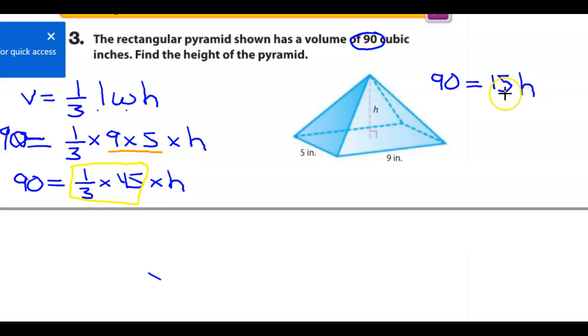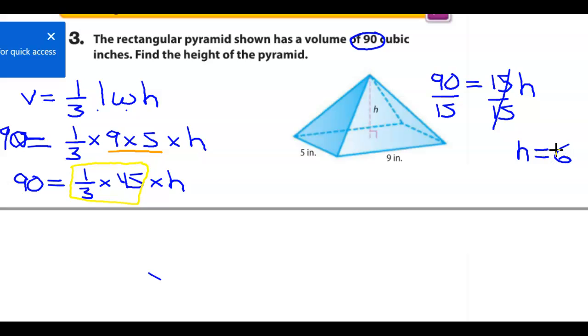Now we just need to divide both sides by 15. Then the 15's reduce; 15 over 15 is the same as 1. So we're left with the height is equal to 90 divided by 15, so the height is going to be equal to 6.